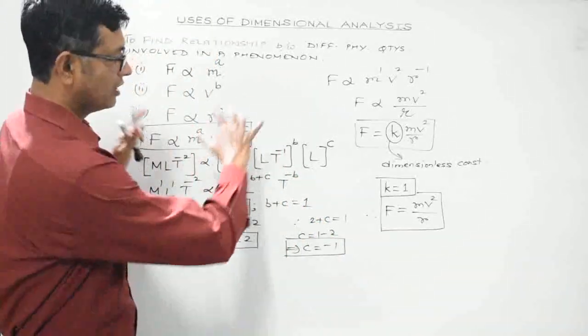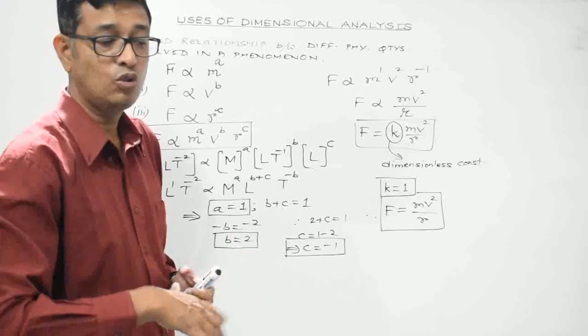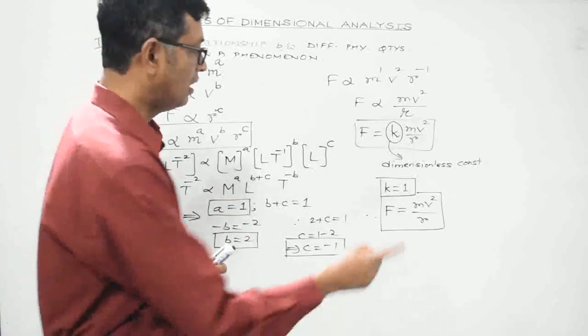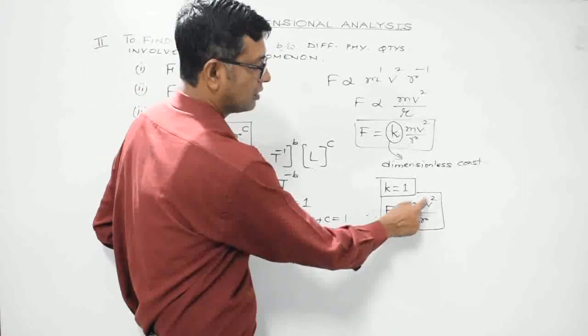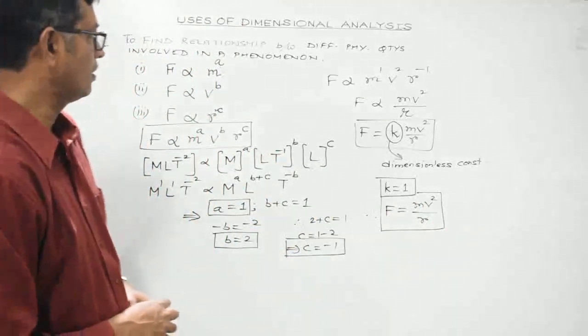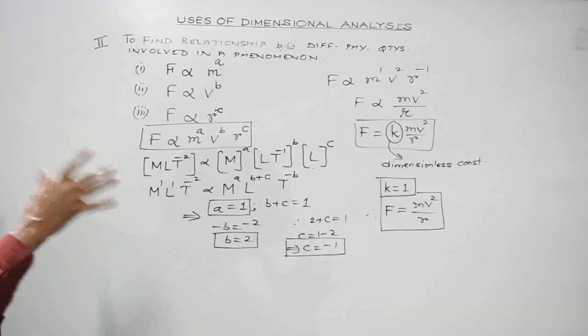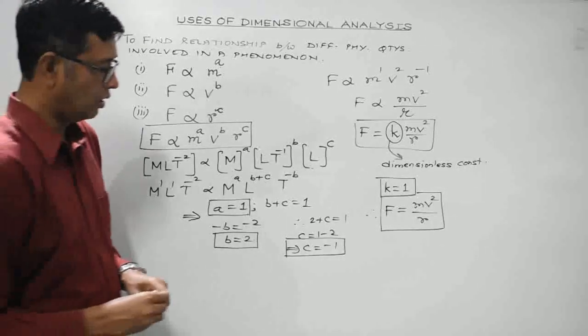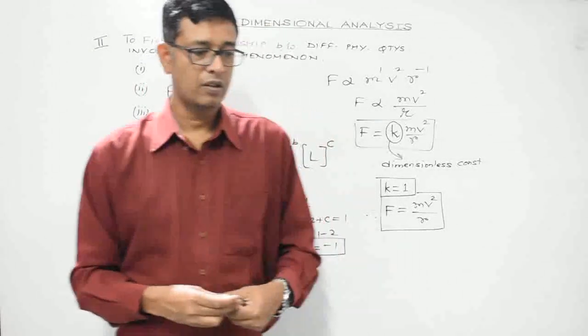I hope students you have understood the concept, right? How to derive the relationship between different physical quantities involved in a physical phenomenon. So this was the second use. One more thing, third use.